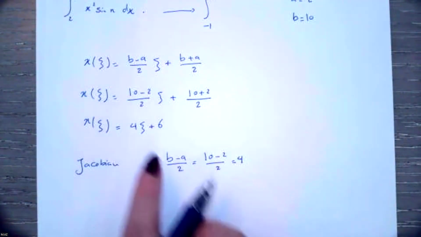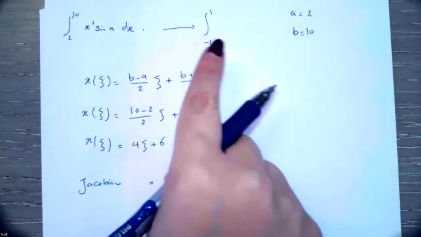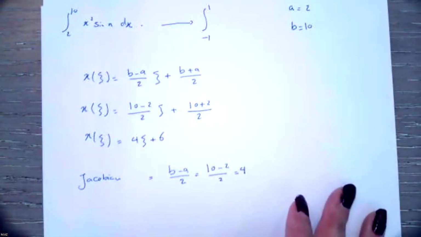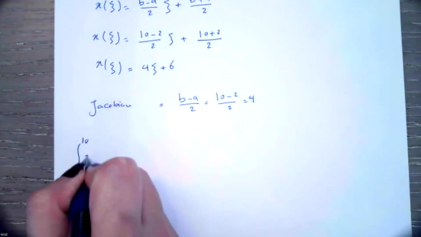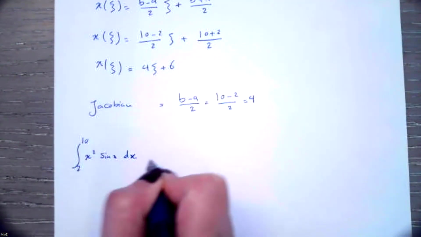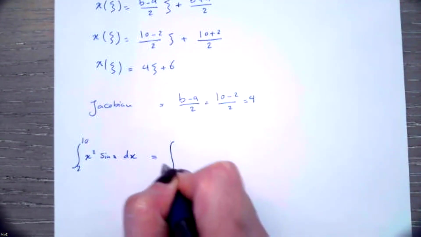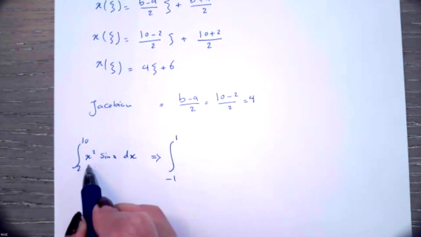Now, by this linear mapping, we can rewrite this equation from -1 to 1. Okay, now we have -1 to 1.